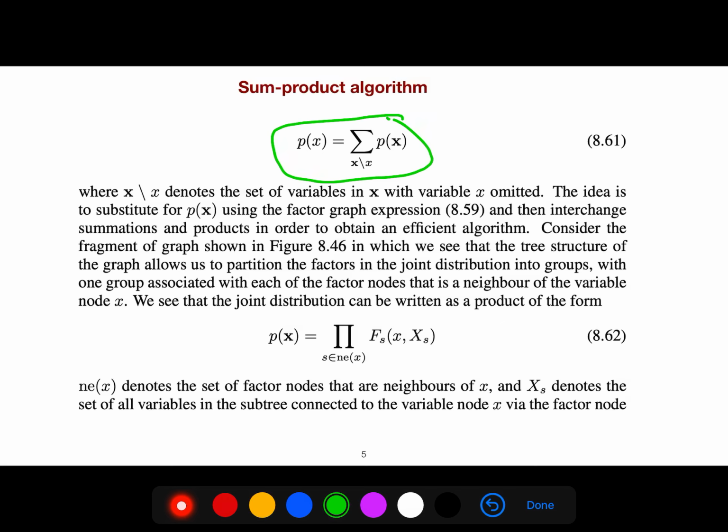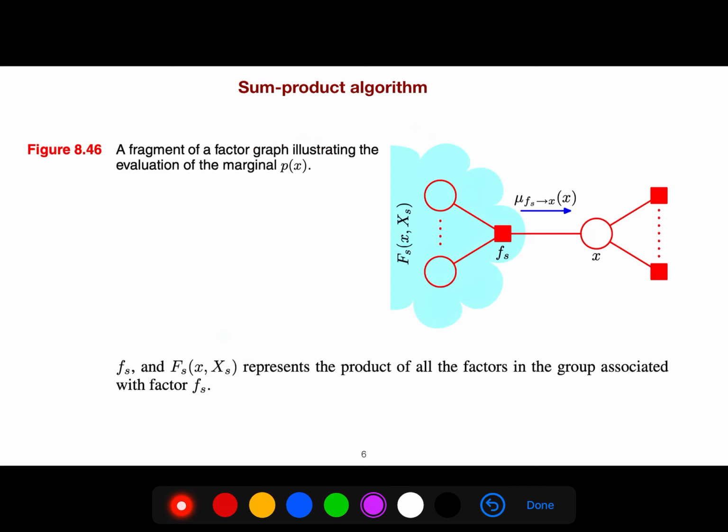So we see that the joint distribution can be written as a product of this form, and this is just the neighbors of x. So s is inside the neighbors of x, and you know what I mean as you have watched my previous video. And graphically you will see that this is the meaning of this.